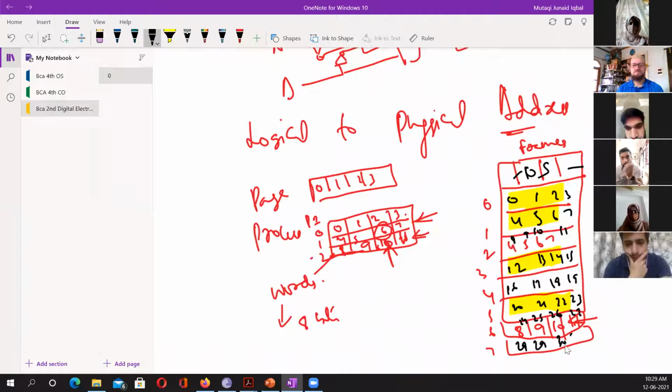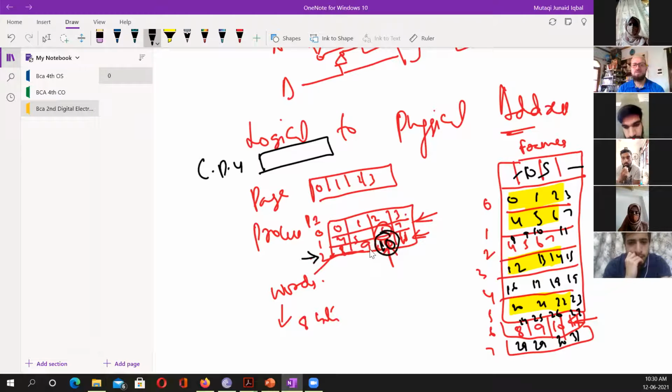30, 31. Now your CPU is generating a logical address because he wants to access this byte 10 of this process, which happens to be in the second page. CPU doesn't care whatever it is, he wants this byte 10. But where have I loaded it? I have loaded it here, at byte 26 of frame 6.